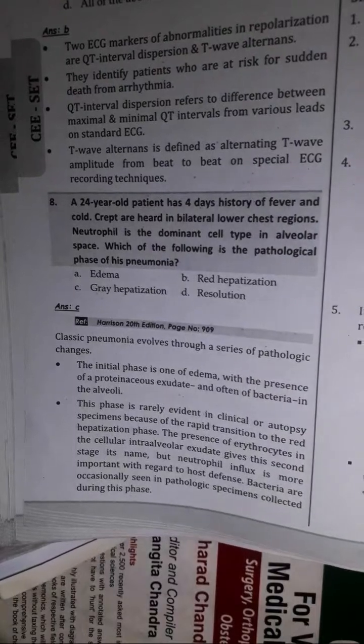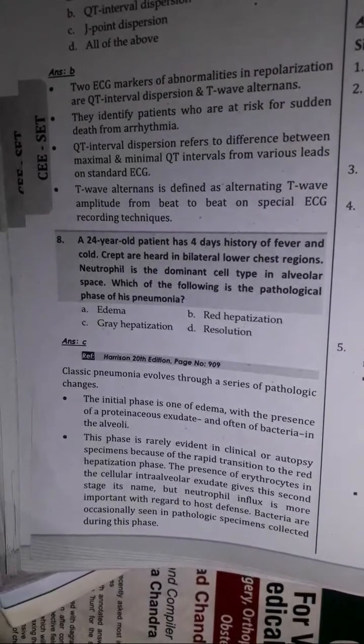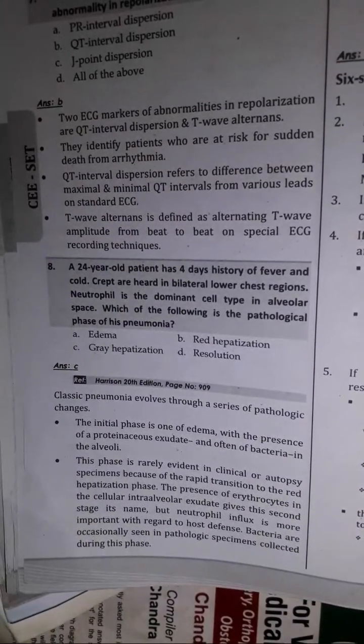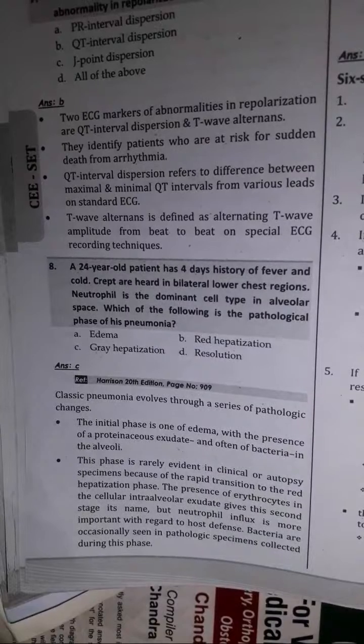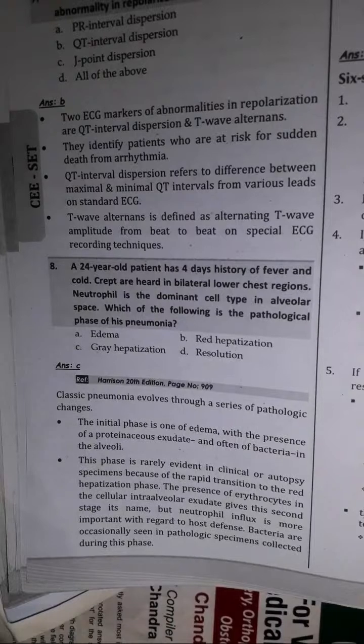Classic pneumonia evolves through a series of pathological changes. The initial phase is one of edema with the presence of a proteinaceous exudate and often of bacteria in the alveoli.